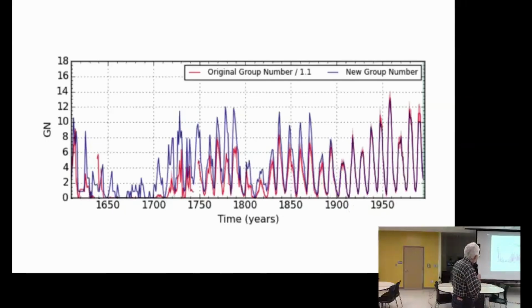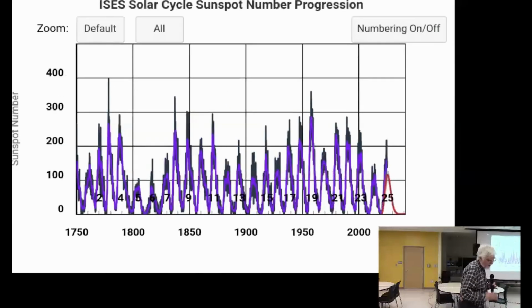The other thing I wanted to point out is the reason why 1750 is the beginning: if you look particularly at the red, there isn't much indication of an actual cycle before about 1750. The numbering system, which is hard to see in that forest of lines, starts with 1 at 1750, then 2, 3, 4, 5, all the way up to 25. So basically, the sunspot cycle counting system starts in 1750.